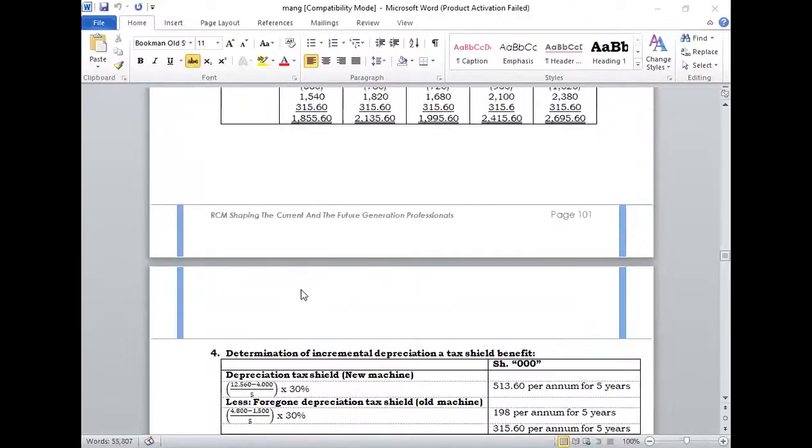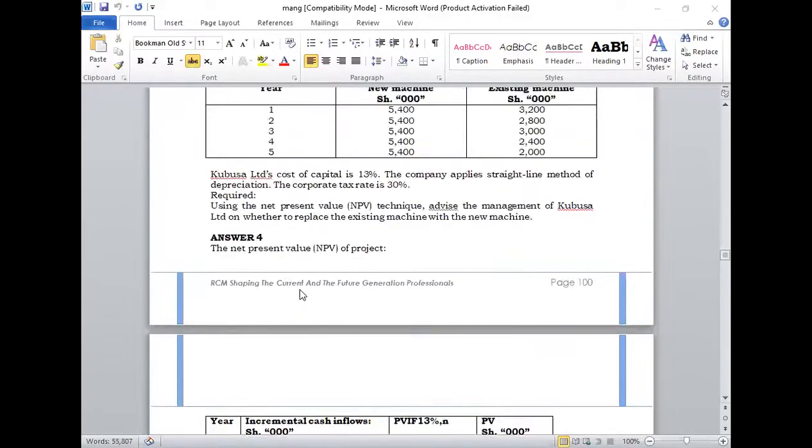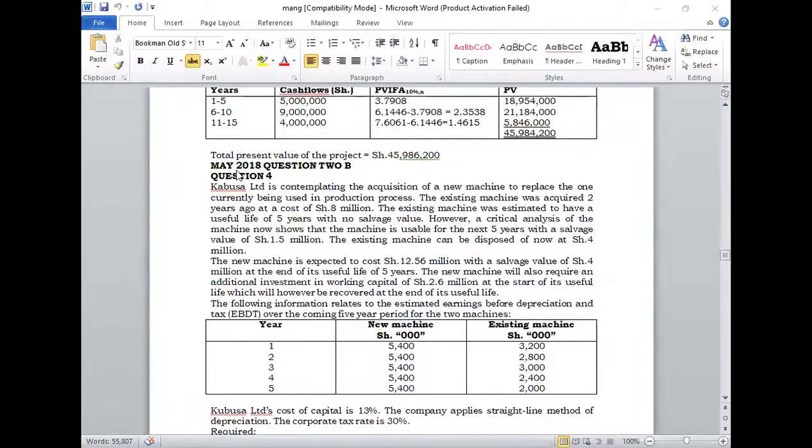So here we are. They are telling us, Kabusa Limited is contemplating the acquisition of a new machine to replace the one currently being used in the production process. The existing machine was acquired 2 years ago at a cost of 8 million.